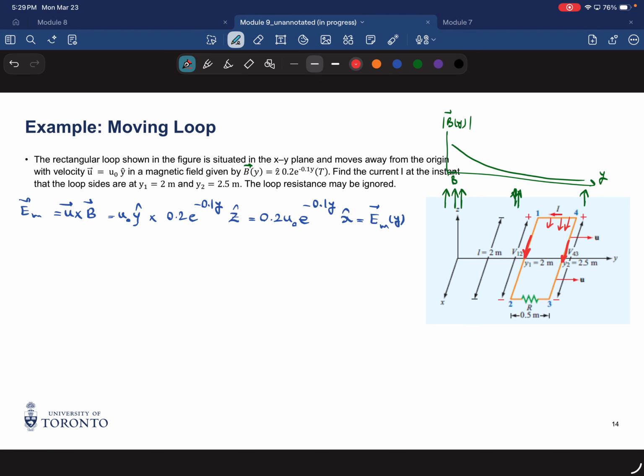We have to find another way to find the voltage difference between point 4 and point 1. But let's take it step by step. Let's first find the VM that exists between points 1 and 2, and the VM that exists from 4 to 3, because we have EM in that direction.